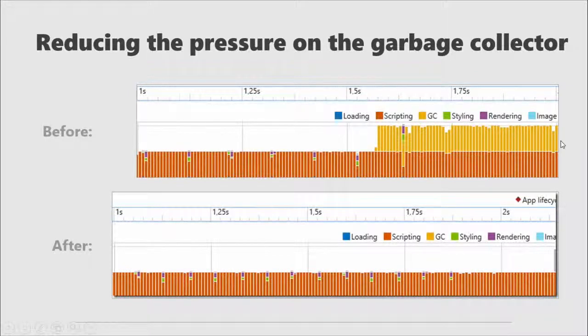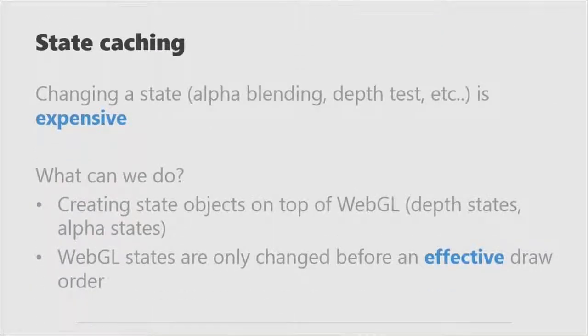So if you just have one processor and one thread, that's not good. That's a conflict. After that, because there is no more instantiation, all the power was available for the JavaScript itself, and no more for the garbage collector.